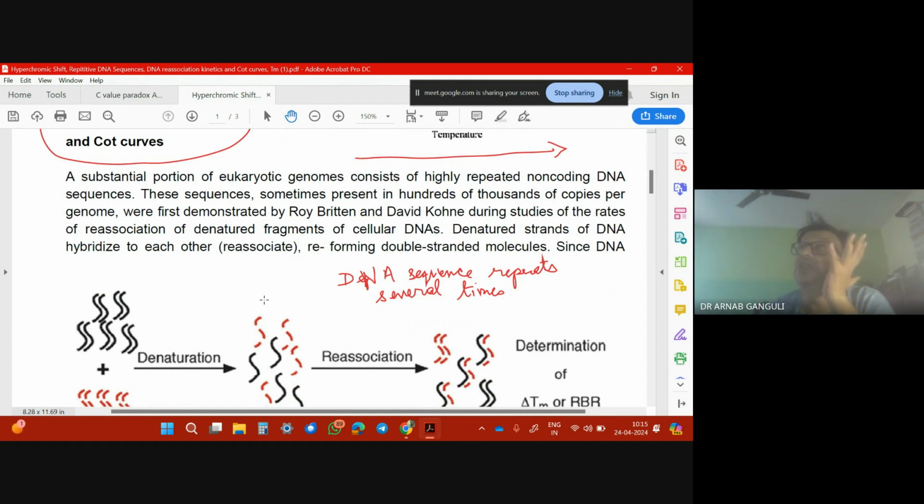So in a whole genome, if you want to understand whether this particular genome or DNA sequence has lots of repetitive sequences, you can understand it.